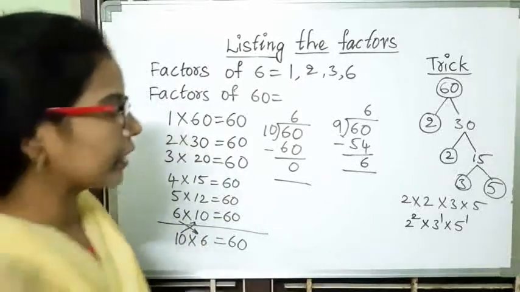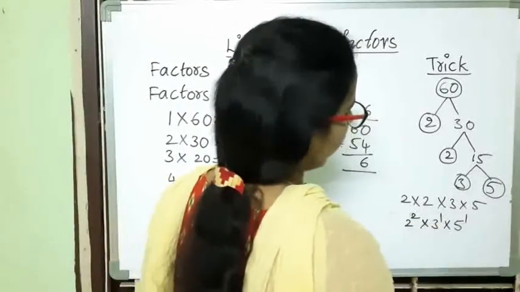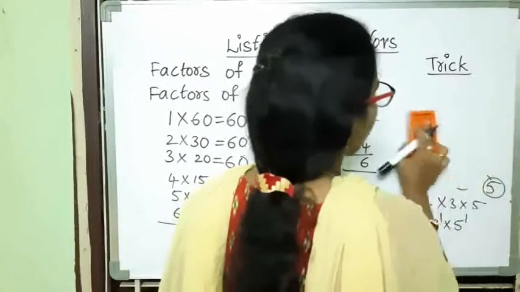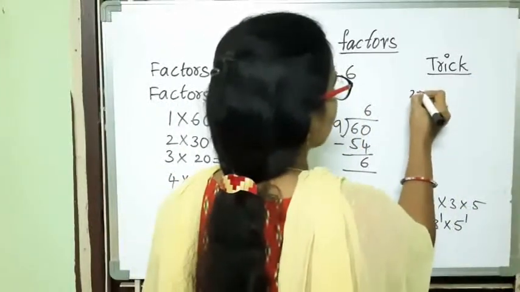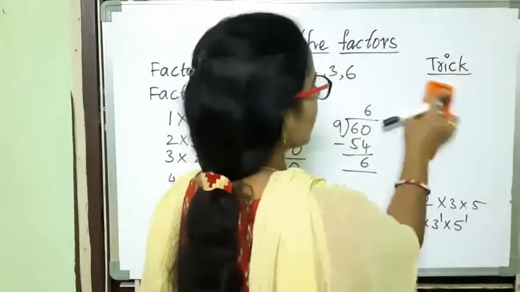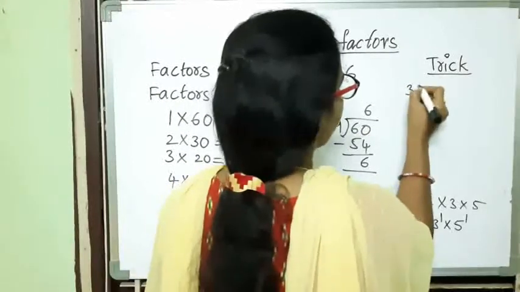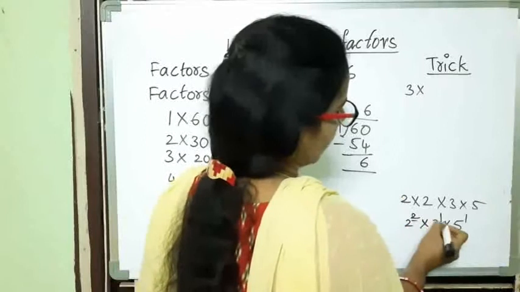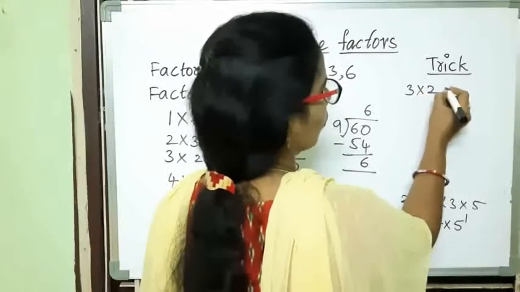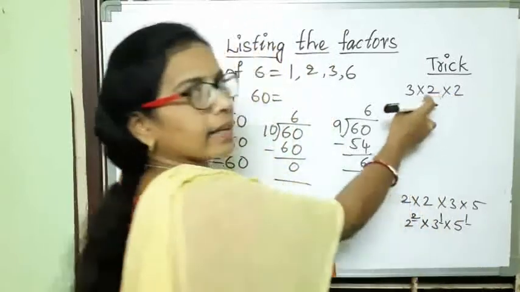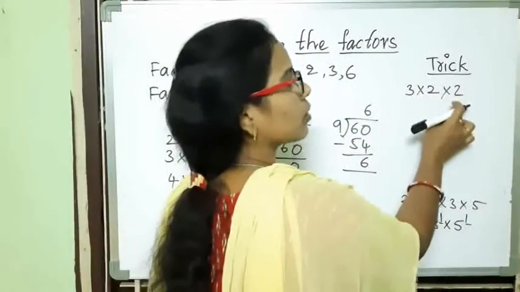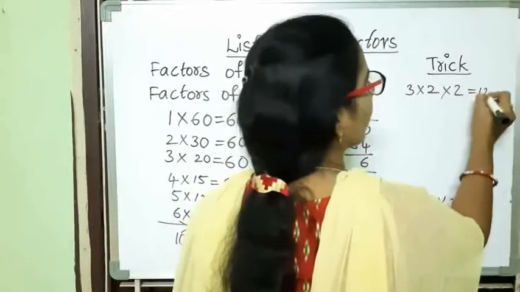Observe the exponents here. 2, 1 and 1. So here 2 plus 1 is 3, into 1 plus 1 is 2, into 1 plus 1 is 2. 3 times 2 equals 6. 6 times 2 equals 12.